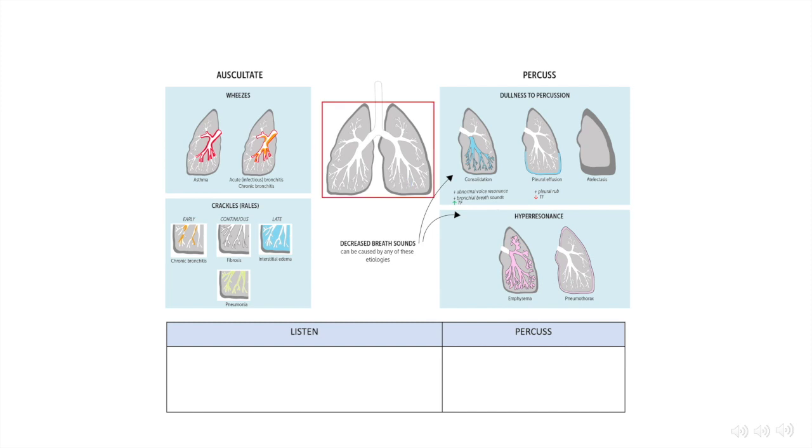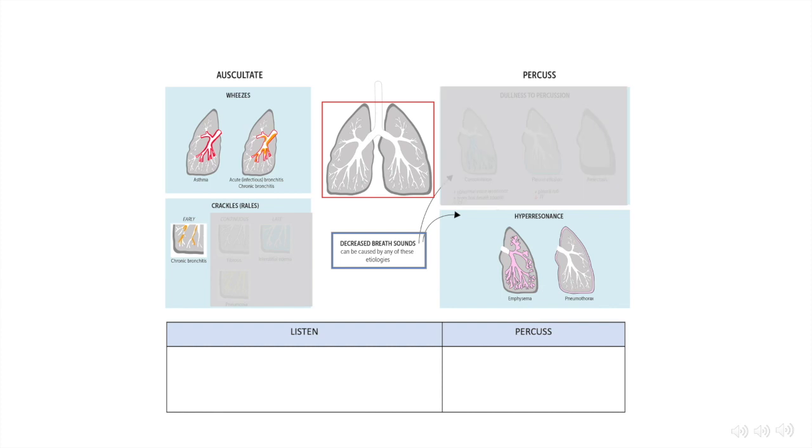So in both bilateral top to bottom lung fields, you appreciated diffuse wheezes and crackles. You think that those crackles might have been early in their timing, but maybe you're not sure. On exam, you also hear decreased breath sounds. On percussion, you appreciate this. And that was increased, or hyperresonance, diffusely throughout the lung fields.